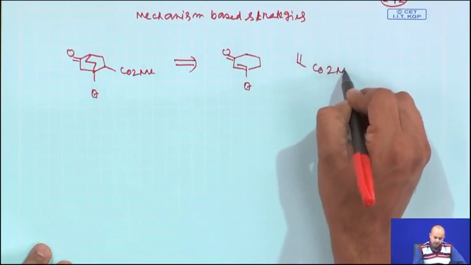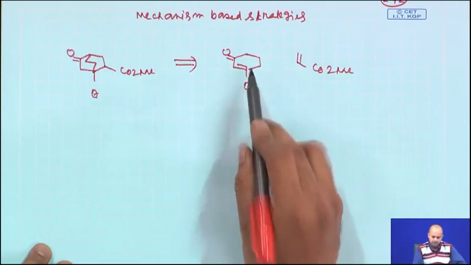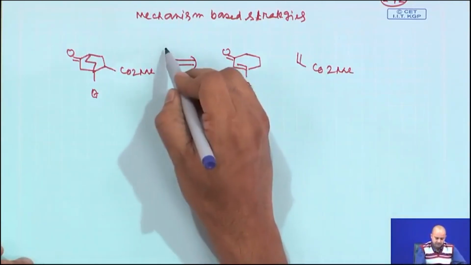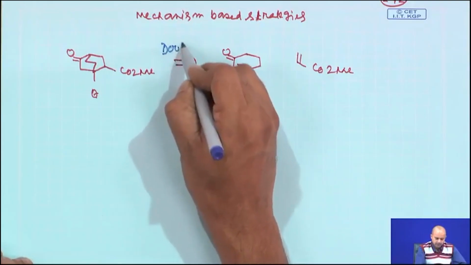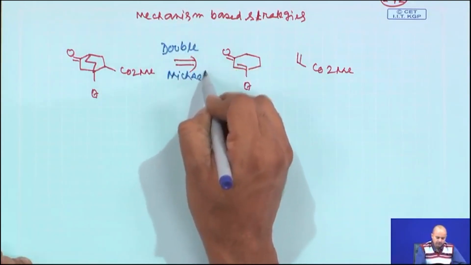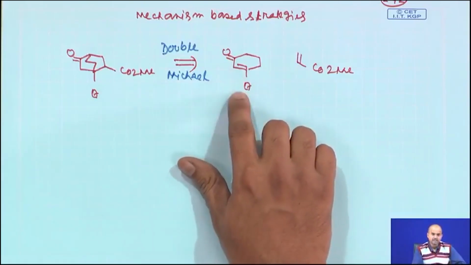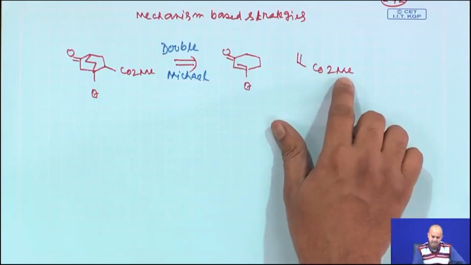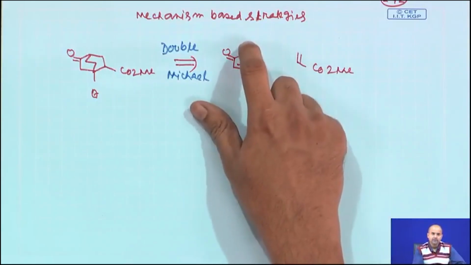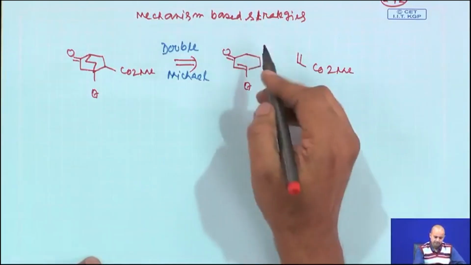Now, the way I have drawn the starting material suggests that probably you can simply do a double Michael addition. Why am I saying it? If you see the structure, the left-hand side compound is a Michael acceptor, and the right-hand side is a Michael acceptor, but in addition the left-hand side compound can have an acidic hydrogen here.